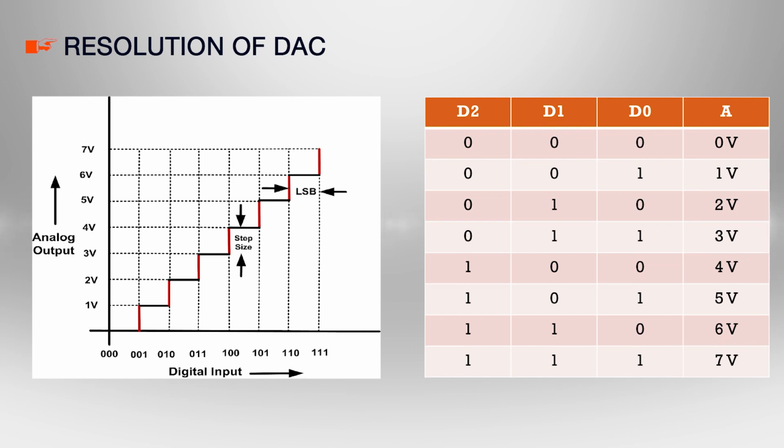The characteristic looks like a staircase structure. So, with change in input, output voltage jumps in steps, which cannot be continuous in nature. Now, we shall discuss the resolution of DAC.